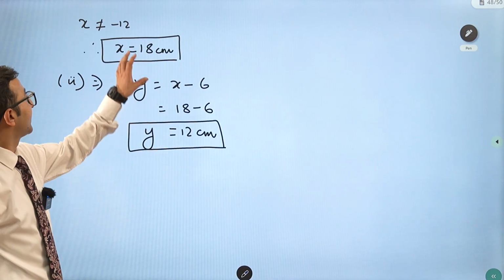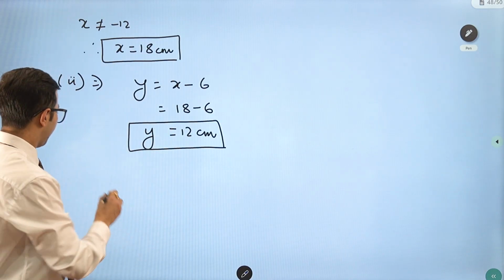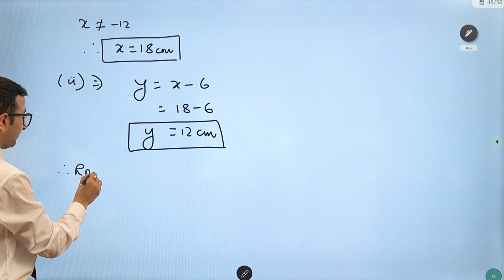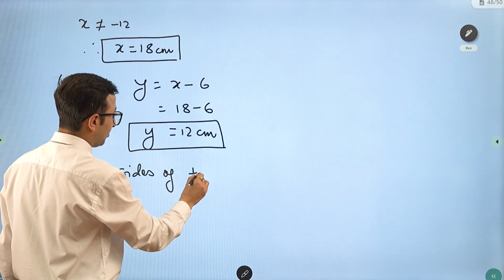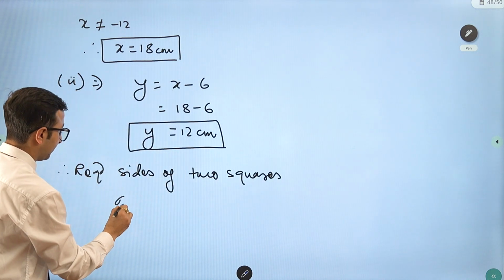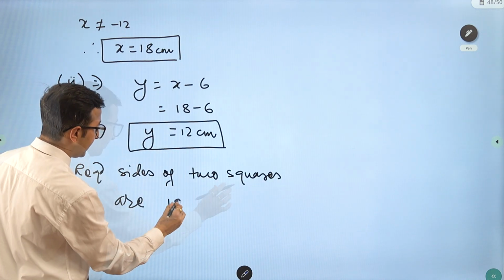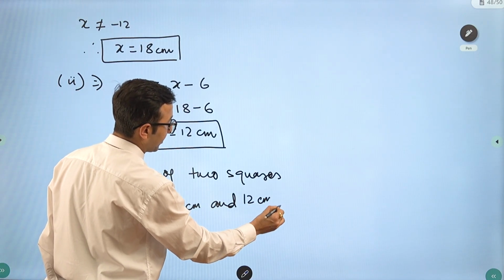So these are the sides of the two squares, x as 18, y as 12. Required sides of the two squares are 18 centimeter and 12 centimeter.